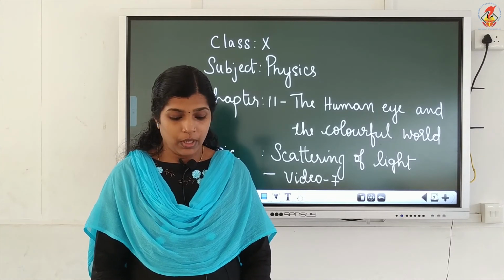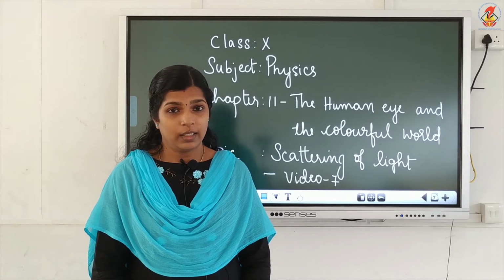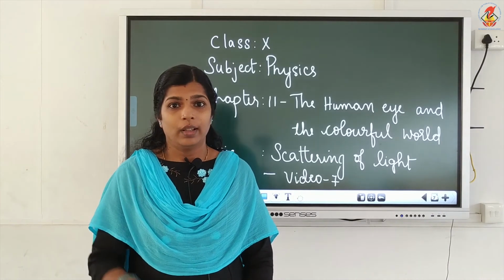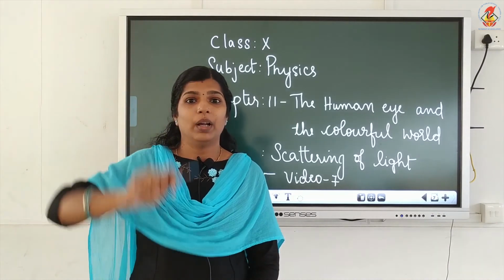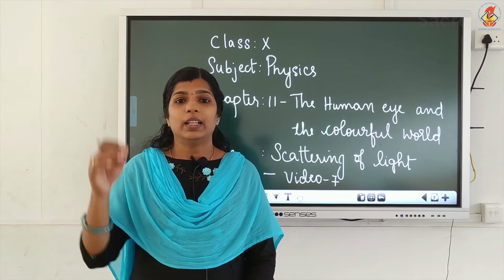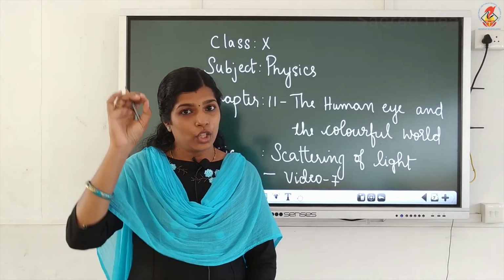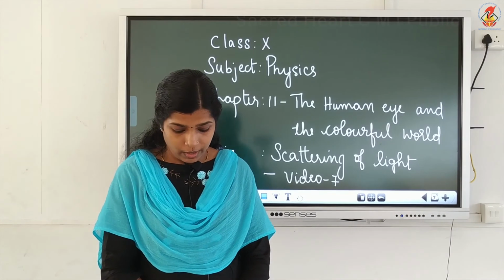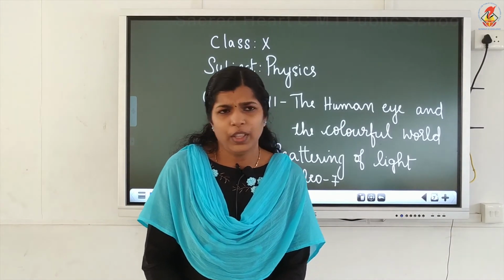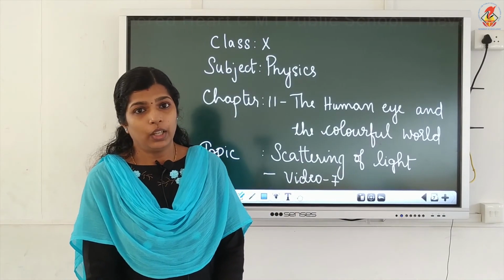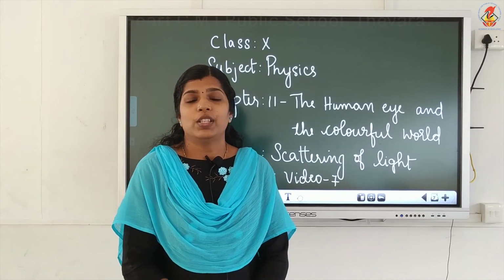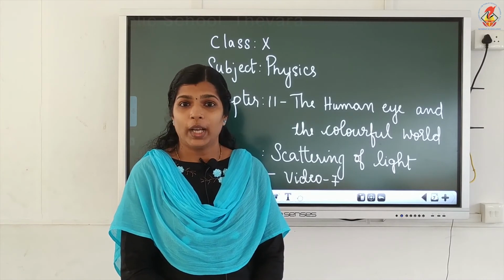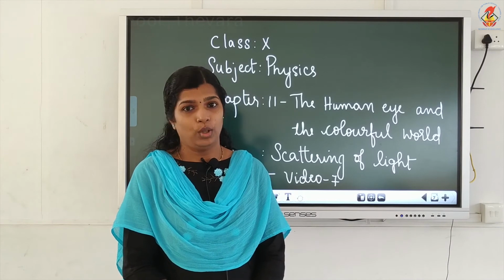So, the sunlight has to cover a shortest distance, the scattering is not prominent there, and without much scattering of any particular color, it reaches our eye. So, the sun appears to be white in color at noon.